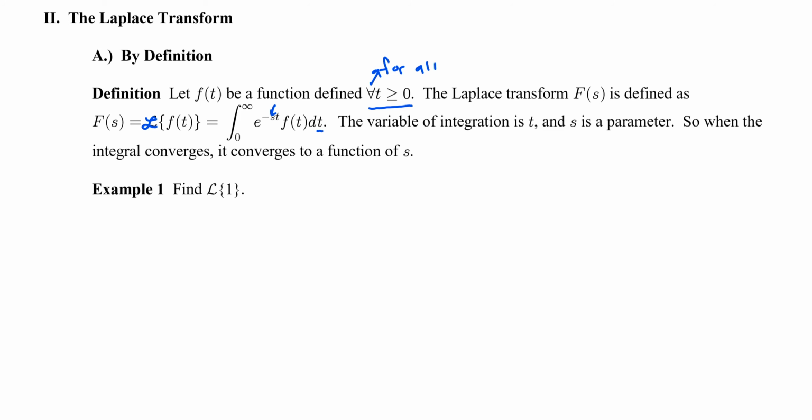That means we're going to treat s like a constant during the integration process. It's like a partial derivative, but in reverse. Now, if this integral converges, it's going to converge to a function of s. So when I find the Laplace transform of a function of t, the result is a function of s. All right, let's give it a try.